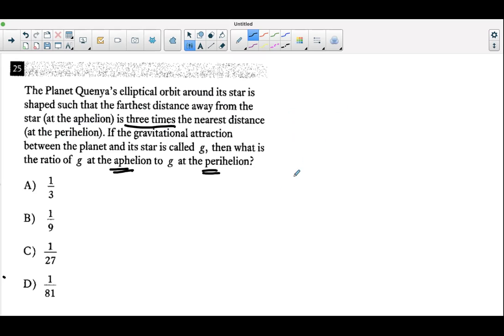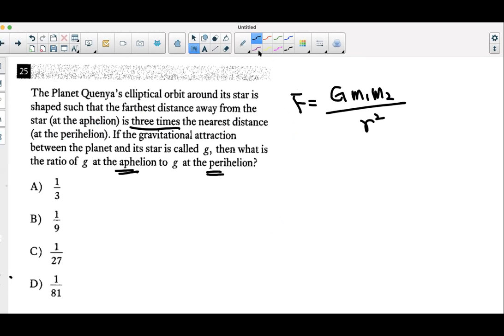So then, in fact, one thing that's going to be happening is this. Our formula is F equals G M1 times M2 over R squared. That's the formula, wasn't it? And you want to find the ratio. What's happening if distance becomes 3 times compared to the original? In this case, what you can do is this.